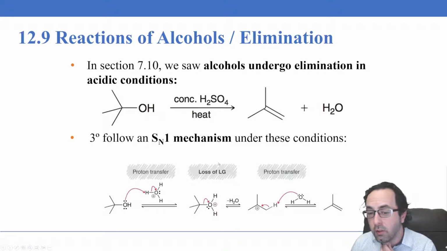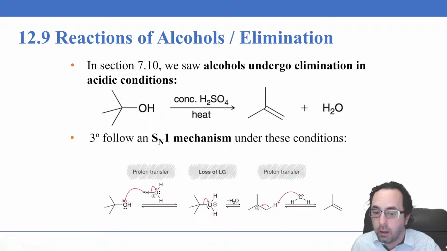Finally, in terms of elimination, in chapter 7, we also talked about eliminations. We said if we use concentrated H2SO4 and heat, we can get an elimination on the alcohol. These follow an SN1 mechanism.